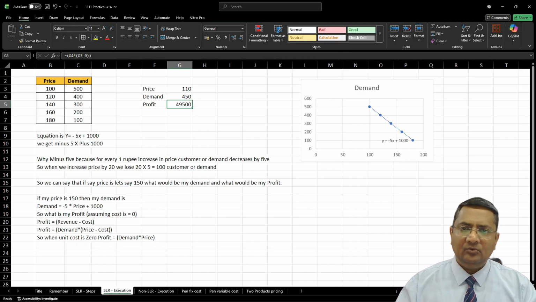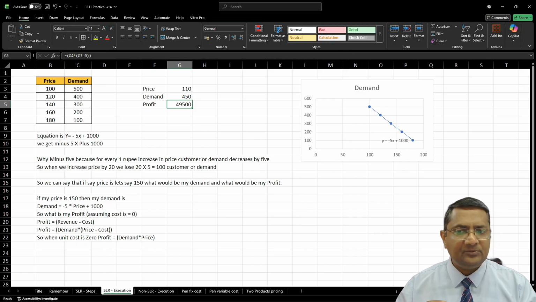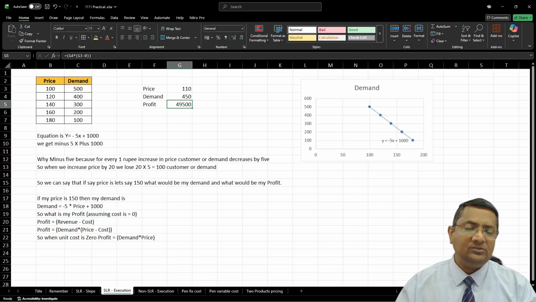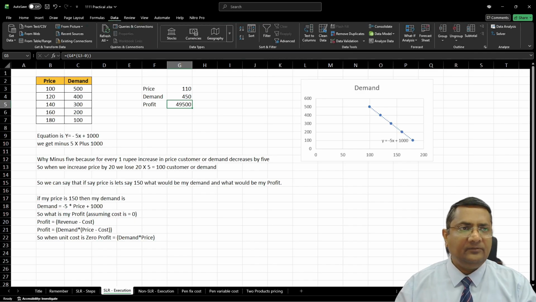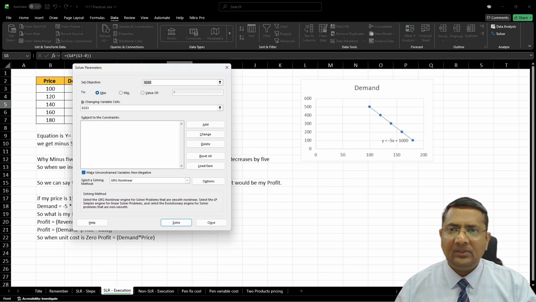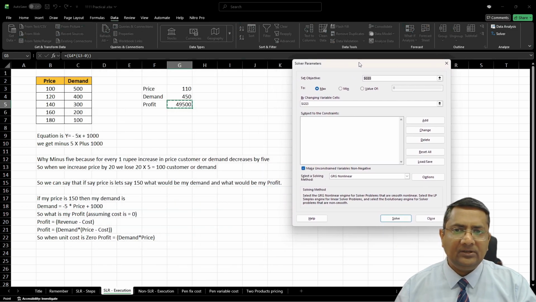Okay, now moving further, what is our objective? Our objective is to maximize the profit, and for maximizing the profit we will use the solver. Solver means the data solver given in the Excel. So click on data, click on solver, and let me move it here.